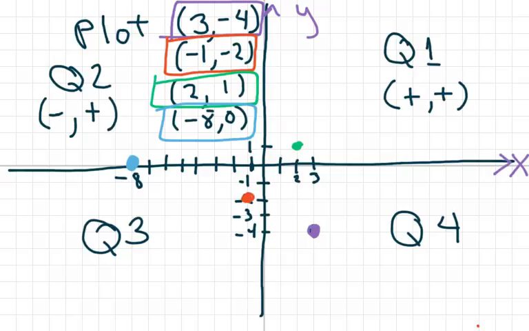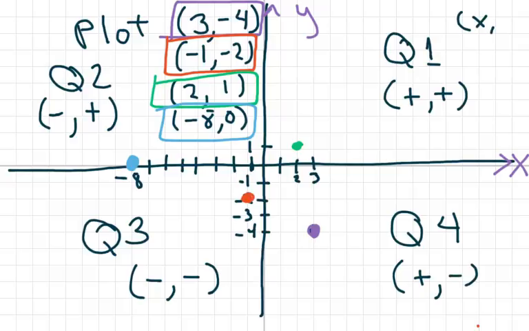In quadrant 3, they're both negative, X and Y. In quadrant 4, X is positive and Y is negative. X always comes first, then Y. The parentheses here mean it has to be ordered. So it's very important, the order.